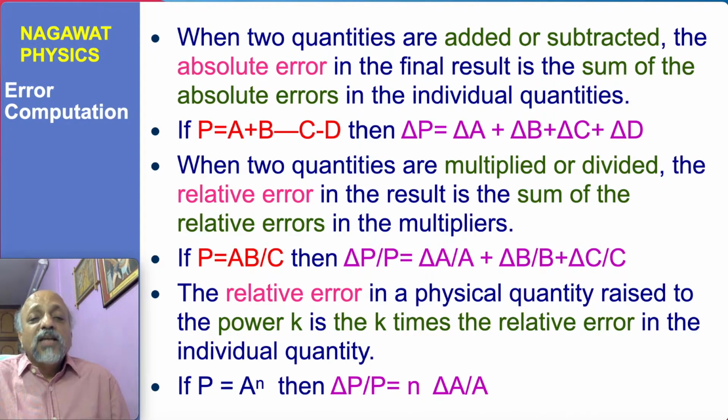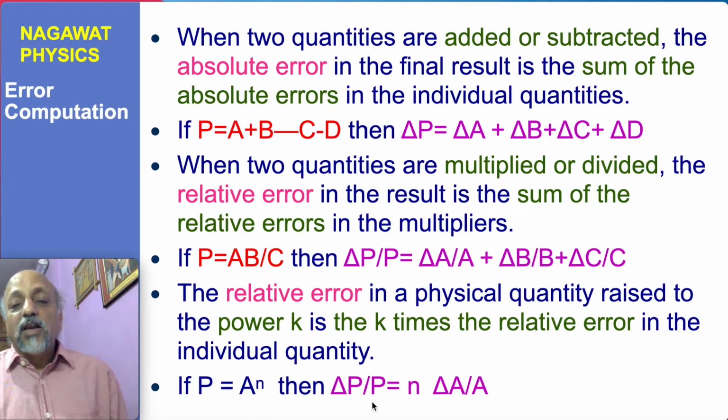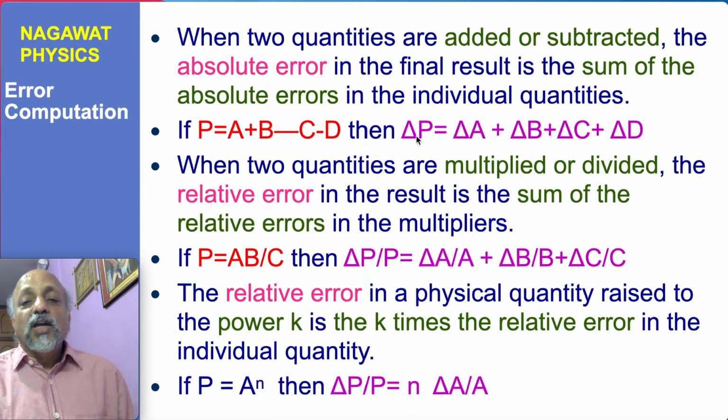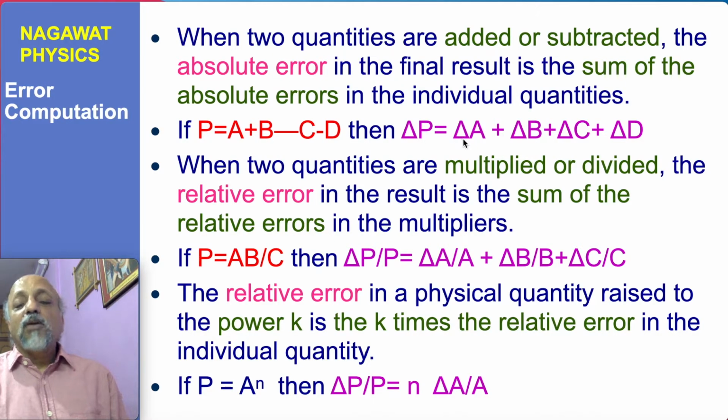In that case, the absolute error in P can be very easily related to the absolute errors in A, B, C and D by this relationship, which tells you that the absolute error in P is the sum of the absolute errors in A, B, C and D, and you have to keep a positive sign here irrespective of the sign in the formula of P. So whether it is minus C or plus C, you will have plus delta C here.